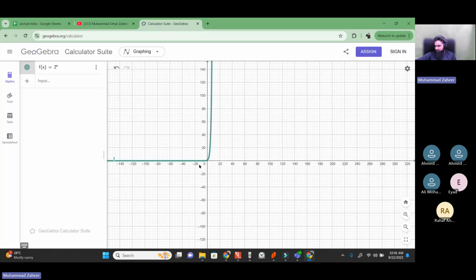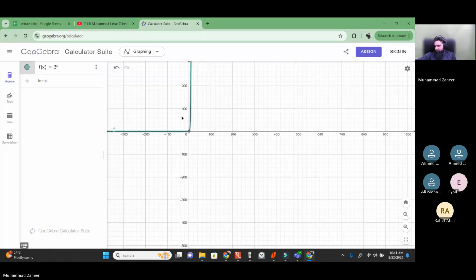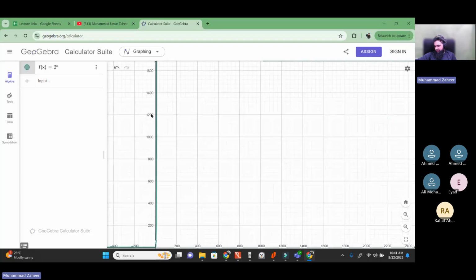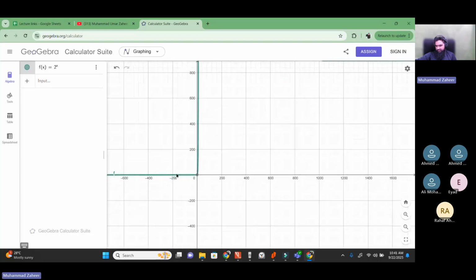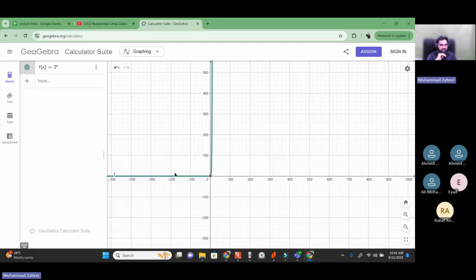Now look at here. You are going to get all real numbers on the x-axis, because you can substitute all positive and negative x values as well.